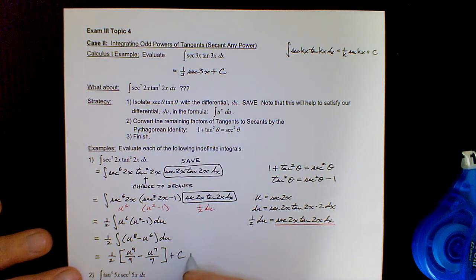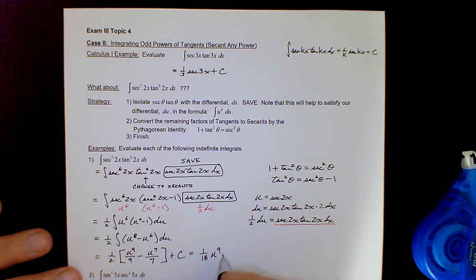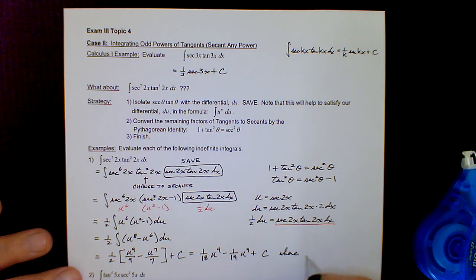Add our constant at that point. We'll distribute the 1/2 off to the side here. So 1/18th u to the 9th minus 1/14th u to the 7th plus our constant. And then remembering to write the little note mentioning what u was, and that was secant of 2x in this case.